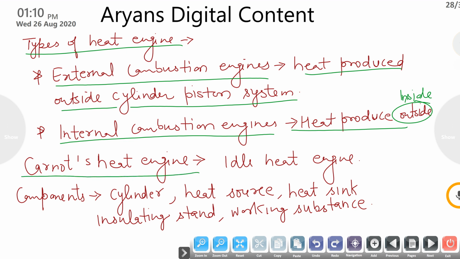Now we come to our main topic, that is the Carnot heat engine. It is an ideal heat engine because the efficiency of any type of engine cannot be greater than that of the Carnot heat engine. So it is also known as the ideal heat engine.